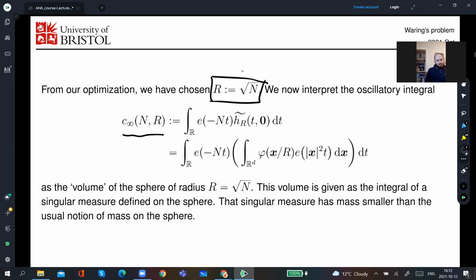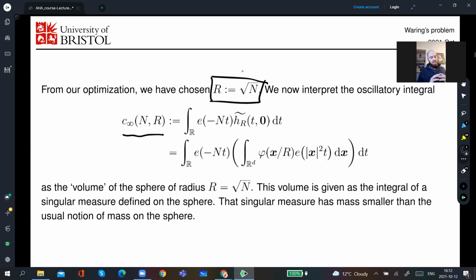Today, the first thing I want to do is interpret this as a volume on a sphere of radius R, which again is equal to square root of n. But since the sphere is a singular body, a codimension 1 subset of Euclidean space, it's going to be a singular measure with respect to Lebesgue measure.